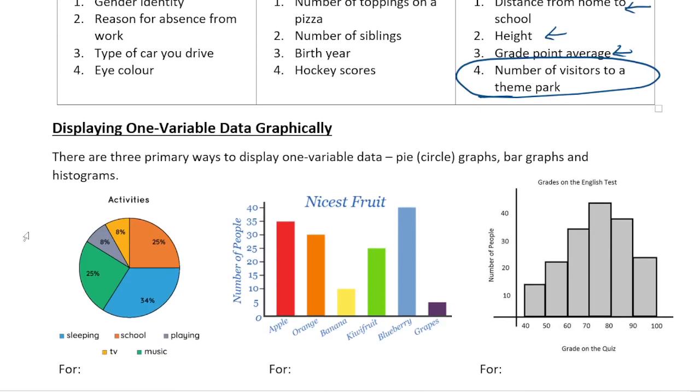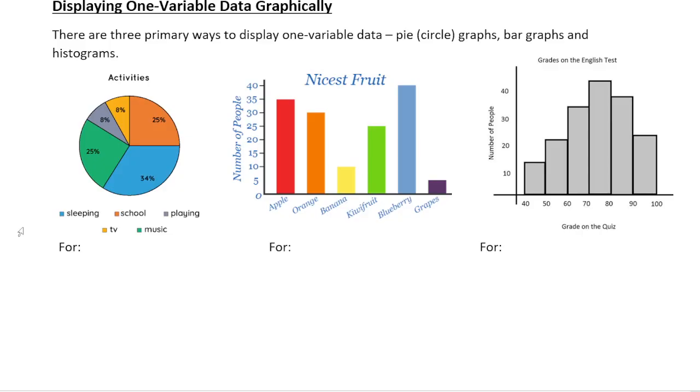So how do we display one variable data? Well, we basically have three options. We've got pie graphs, which we've seen before. It makes a circle for the whole thing and cuts it into pieces. So these work really well for anything where we have a frequency. So those are great for qualitative graphs.